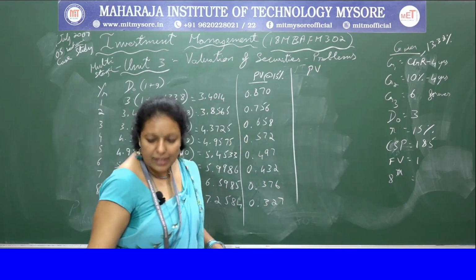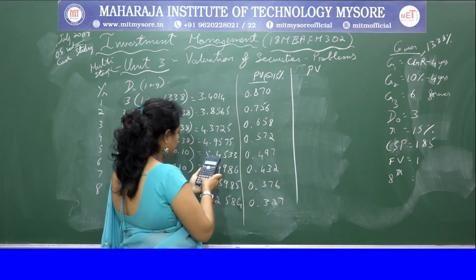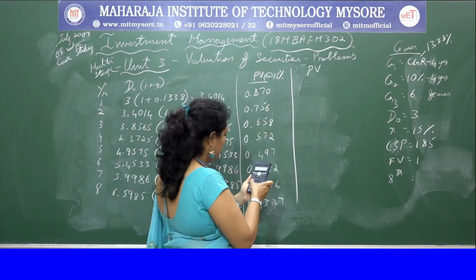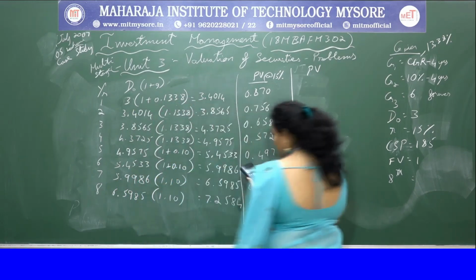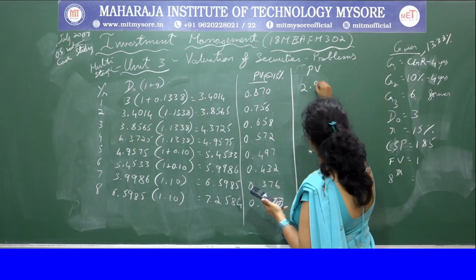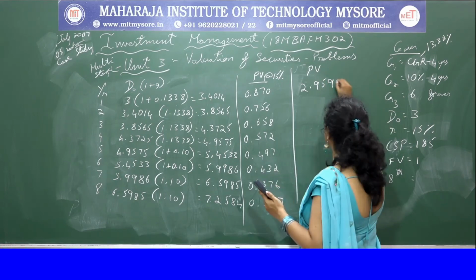Okay, so here we have to just multiply these two. 3.4014 into 0.870, you get 2.959. You can take 4 digits or you can stop at 3.